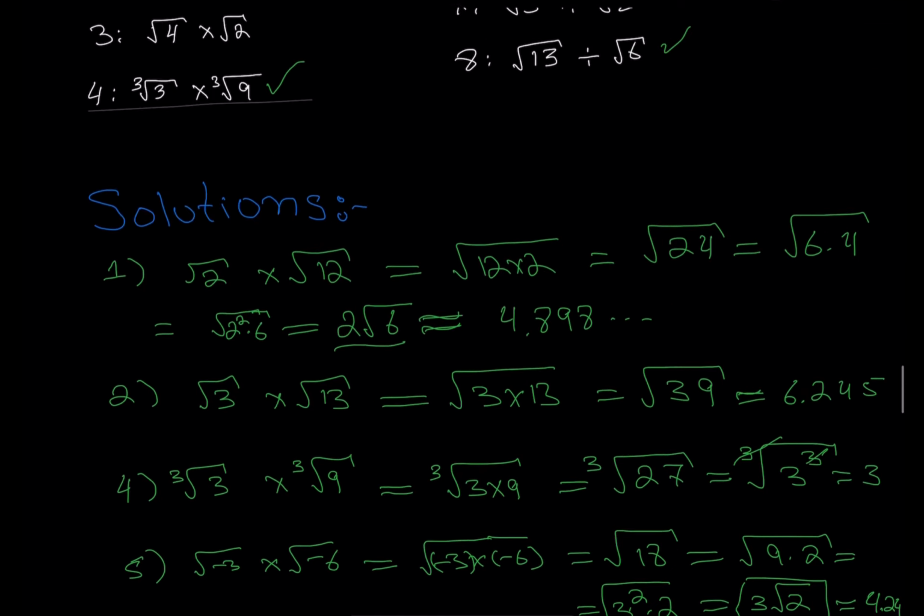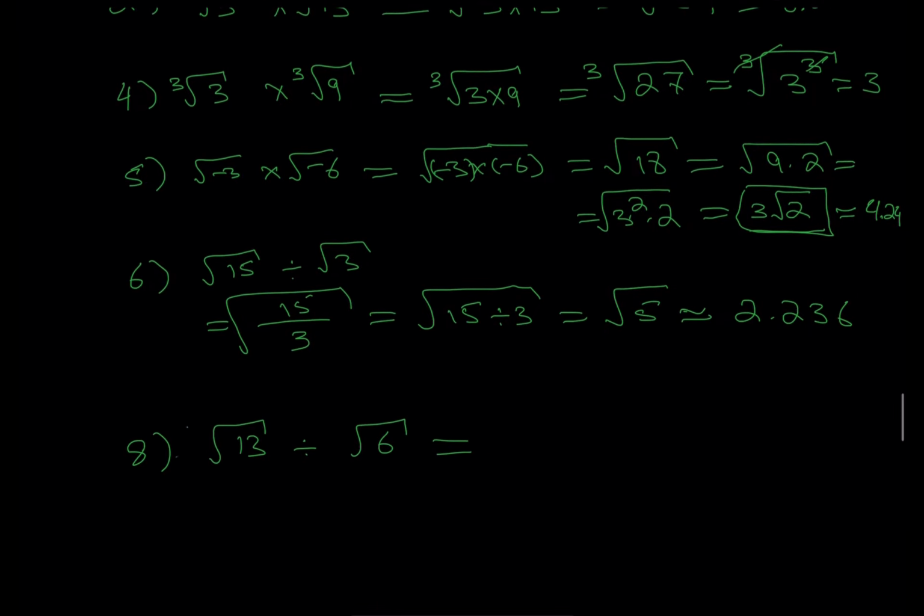Okay, now we said because they share the same index number, we can write them as 13 divided by 6 under one root. They share the same root, so that is not simply divisible, it's not a complete number.